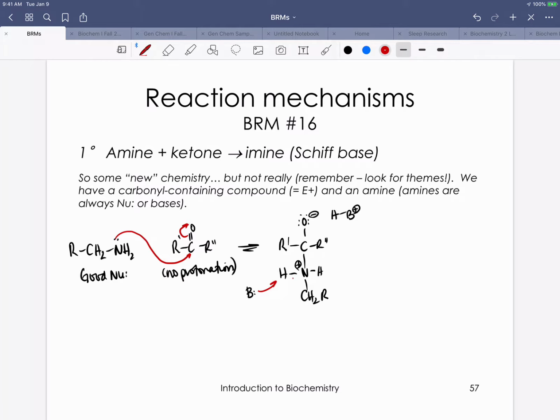So again, deprotonation of what was our incoming nucleophile, and then protonation of our tetrahedral intermediate generates what we call a carbinolamine intermediate. So let's draw that out here. So again, this is a carbinolamine intermediate.